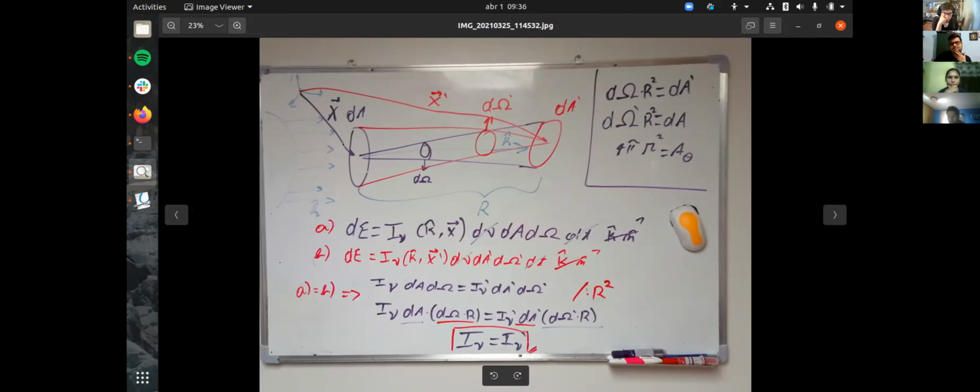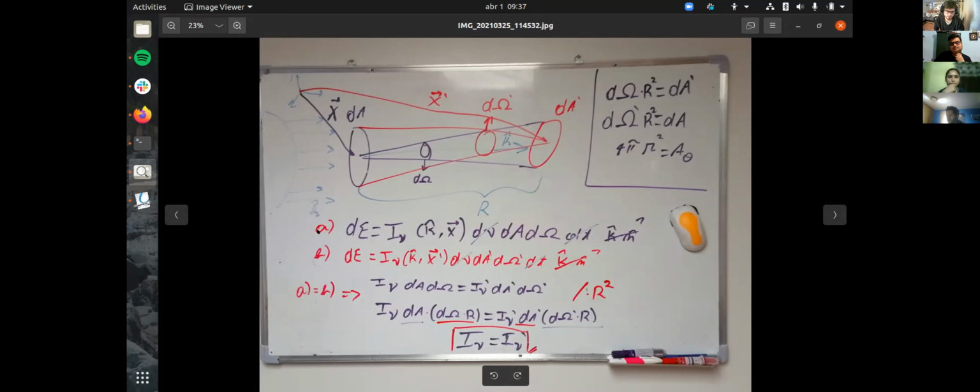Now, the energy. As there's no more energy getting transferred, other than the photons going from here to here, then the energy that goes through the first area element is the same as the energy that goes through the second.